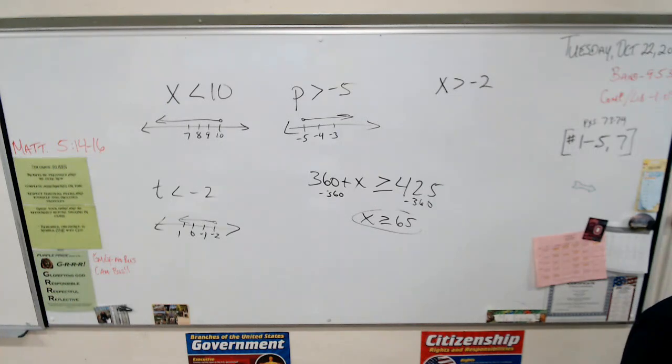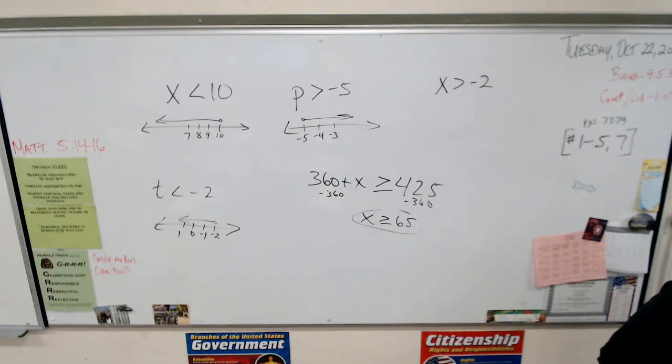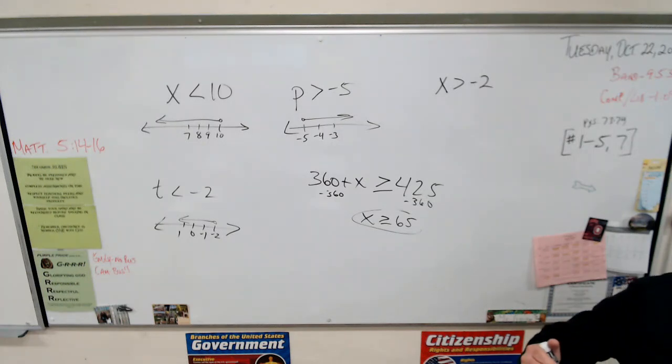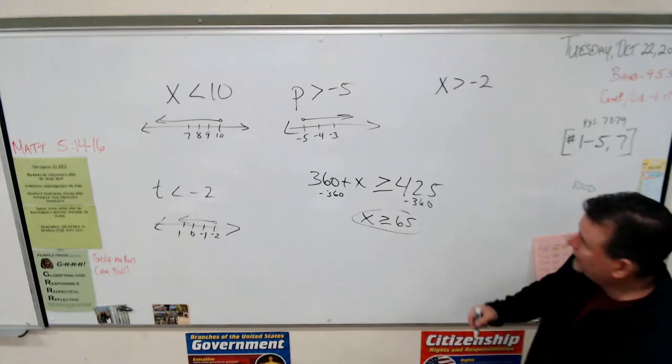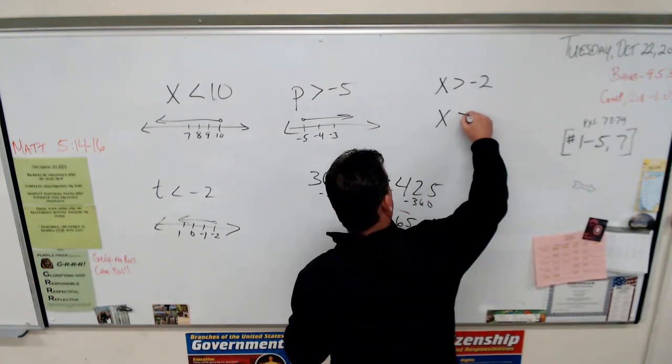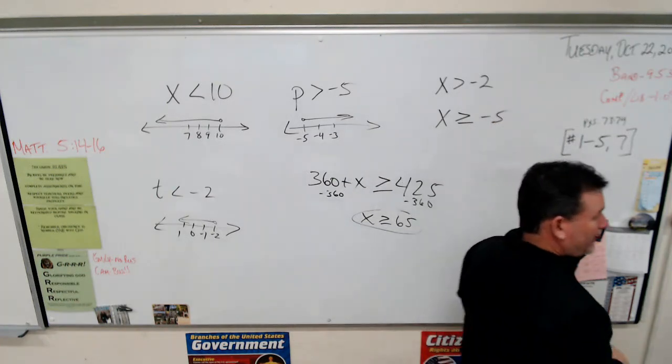What's the dot look like on number 11? Is it open or closed? Closed. That means -5 is included. So your inequality is X is greater than or equal to -5.